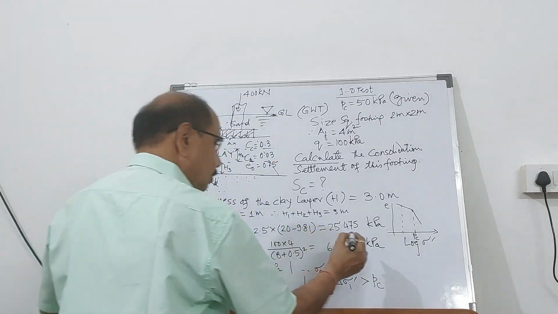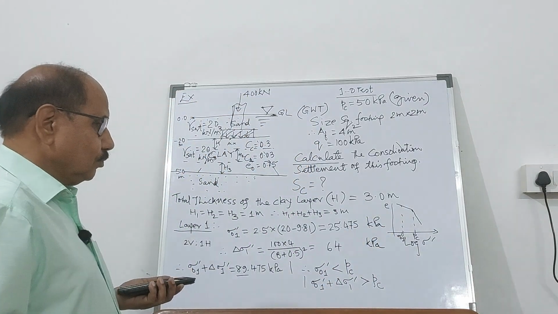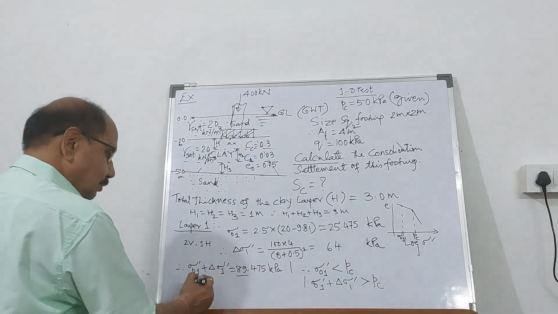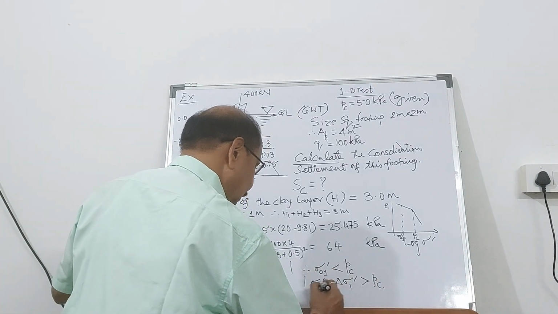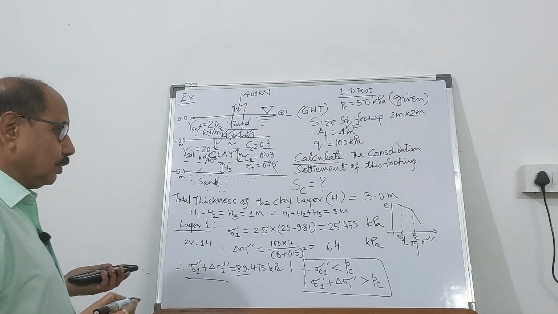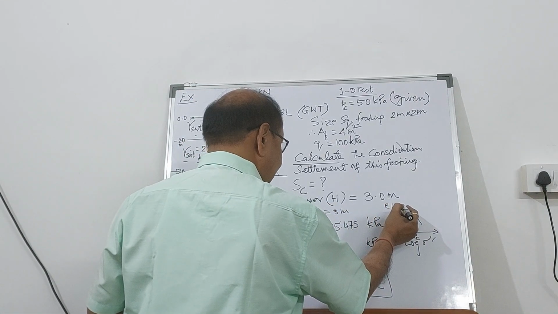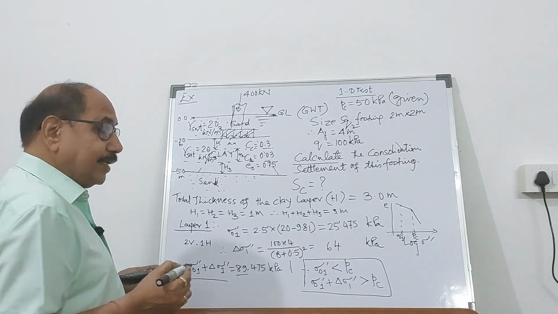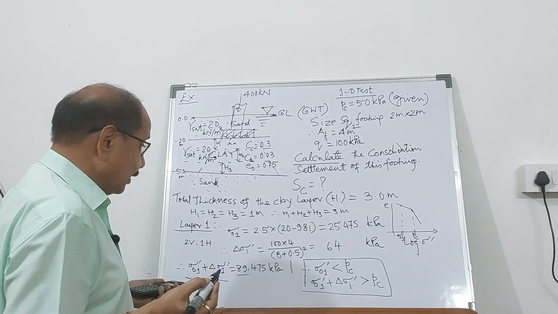This is my sigma naught prime for layer 1. If this is the situation, then from this 25.475 up to 50, the consolidation settlement needs to be calculated as pre-consolidated clay, over-consolidated clay.